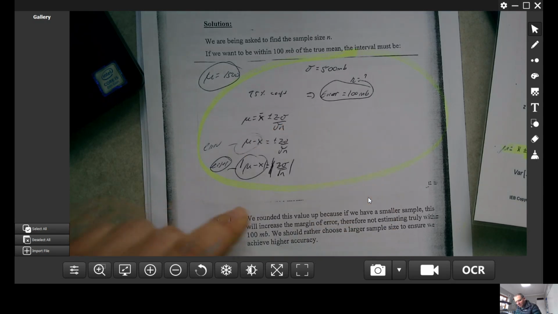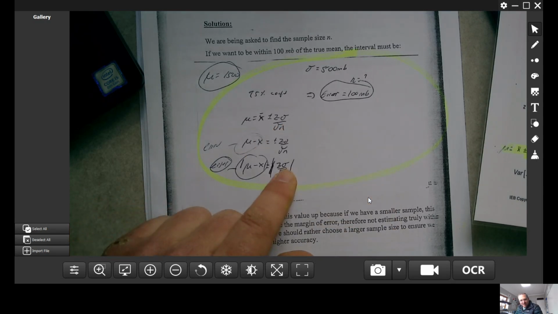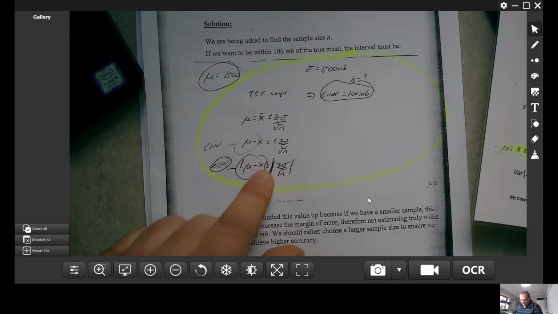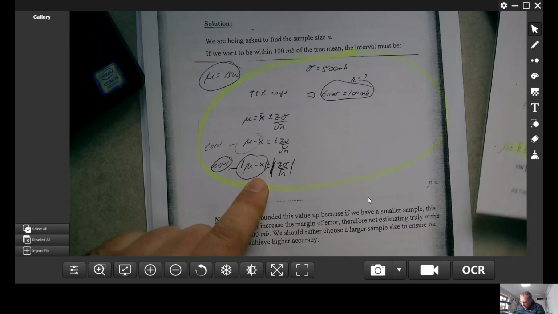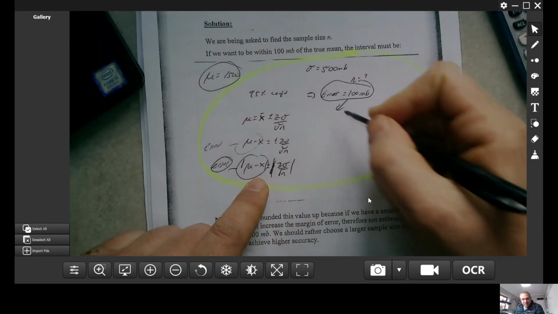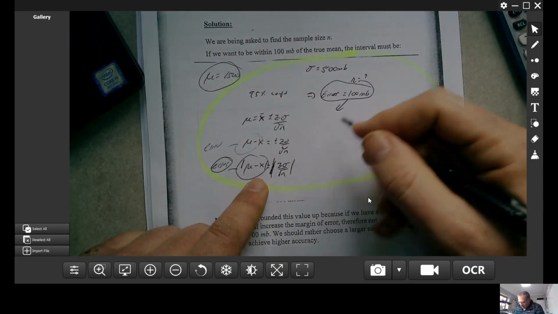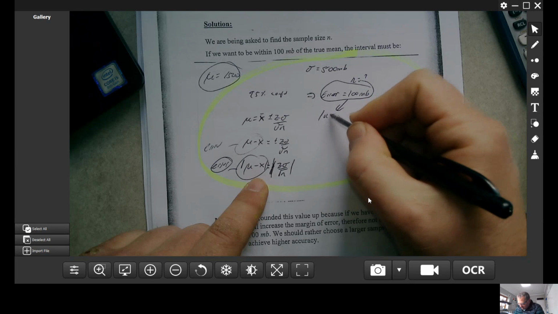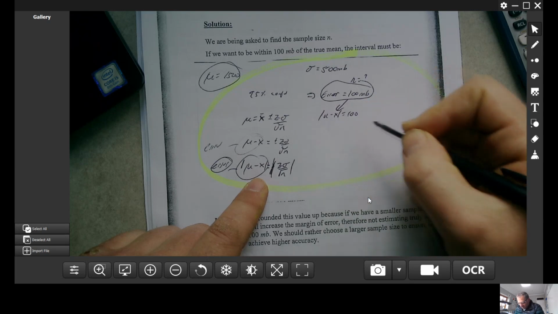Remember, the bigger sigma is, the bigger your error; the bigger your sample size, the less your error; and the bigger z, the bigger the interval, because it's going to be more accurate. That's the principle we're going to use. In this case my error is 100 megabytes, so my error, mu minus x, must be equal to 100.